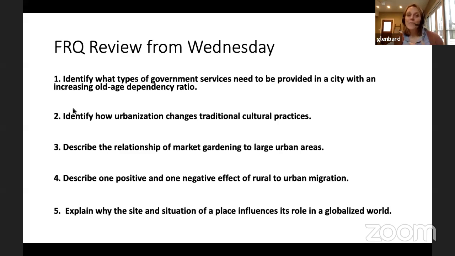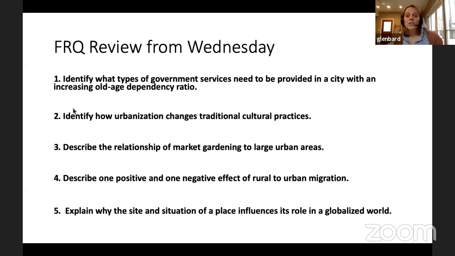A couple things to think about here. So identifying what types of government services need to be provided. Anytime you see the word identify, we're probably thinking a 1 to 2 sentence answer. This is usually where my students are going, yes, I've got this. I would definitely think about maybe Medicare services and how that can help provide services for an increasing old age dependency ratio.